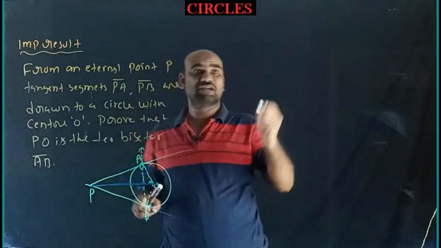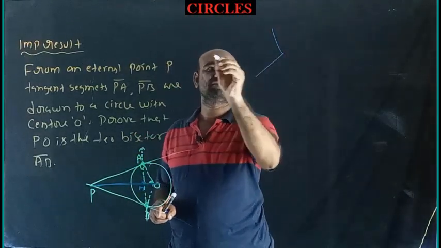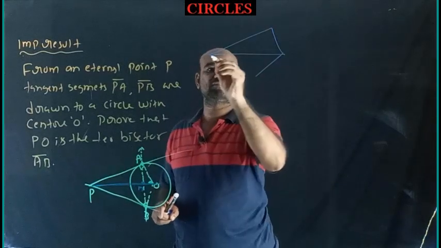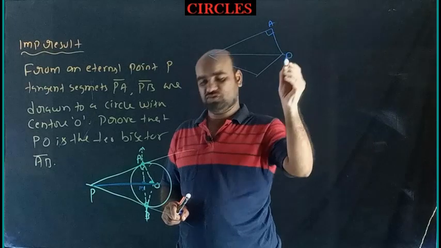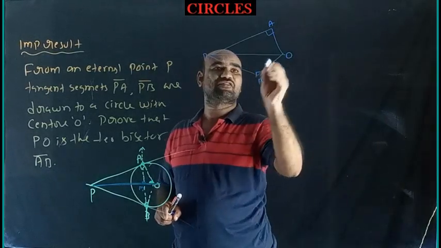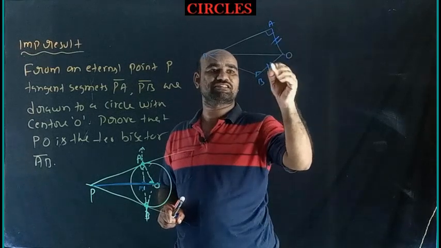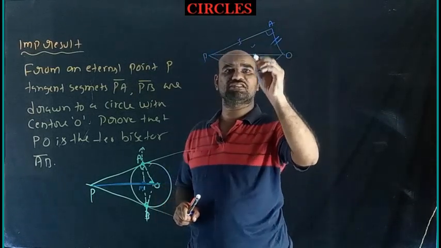So first of all, I will draw a separate diagram for this. Here 90, say this is A, this is O, this is B, this is P. Okay, radii, tangent segments are equal in length, and common side. These two triangles are congruent.